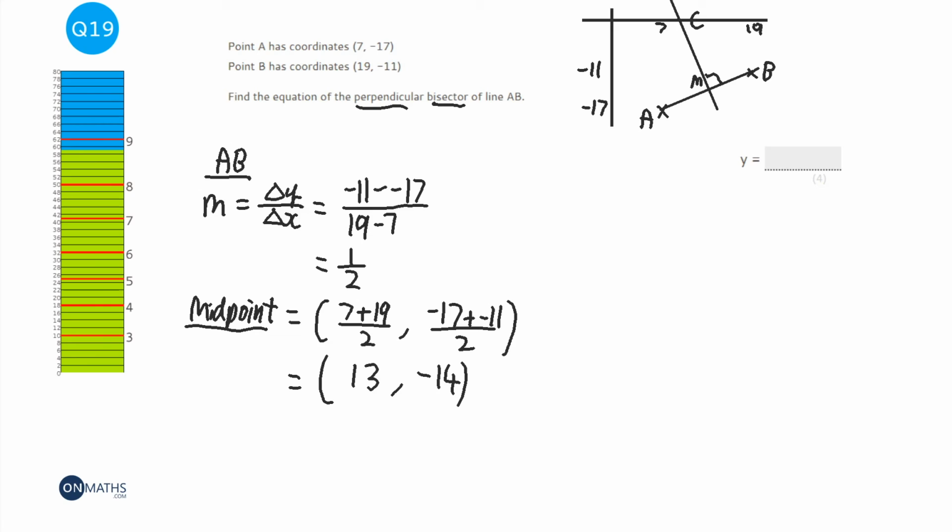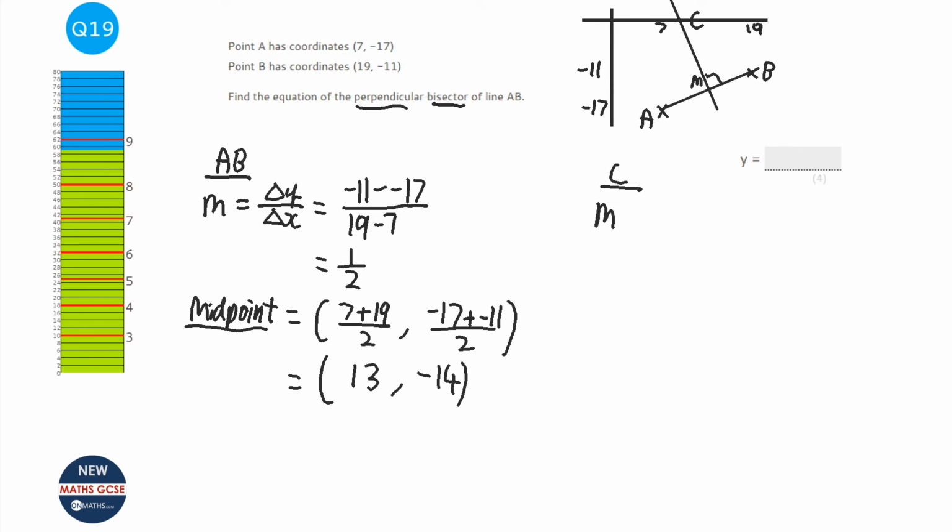Now, you might be wondering, why did we find the gradient of line AB? Well, perpendiculars have a kind of weird connection where if you multiply both their gradients, it equals minus 1. Now, the way we use this is to convert a gradient to a perpendicular gradient. We do two things. We find the reciprocal of the gradient and we times it by minus 1.